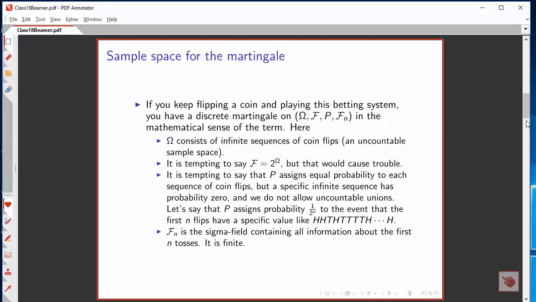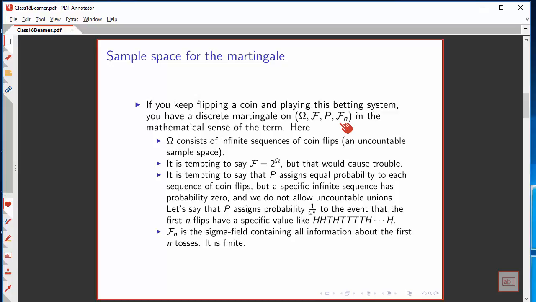Now, there's a mathematical complication with this or any other martingale. In order to have a martingale, we need 4 things. We need a sample space, we need a sigma field, we need a probability measure on that sigma field, and we need a filtration.